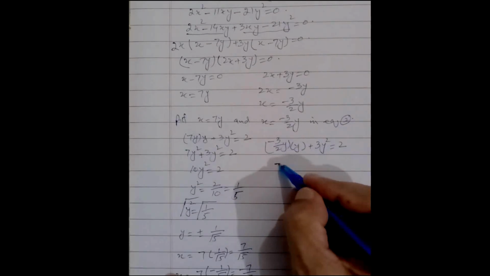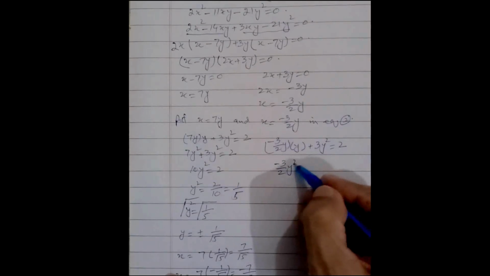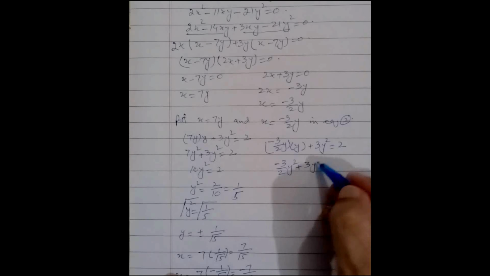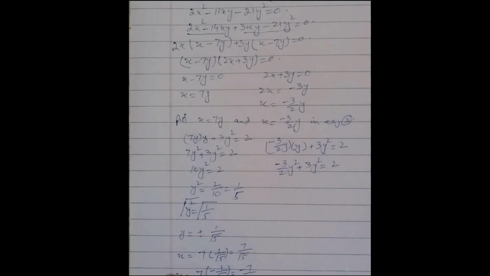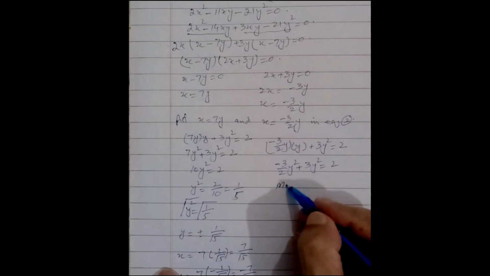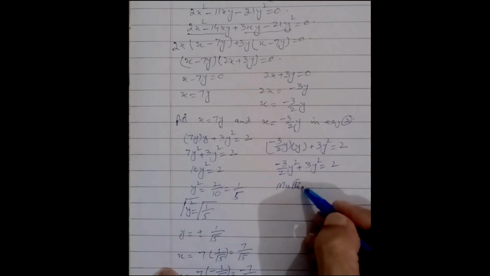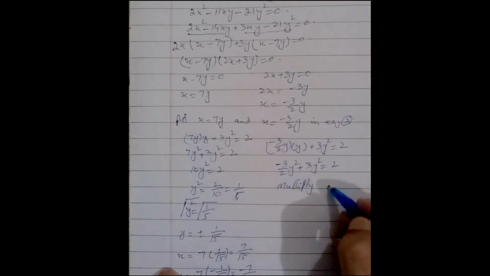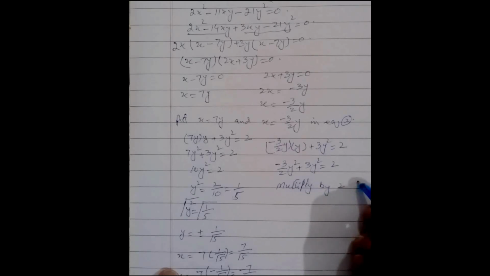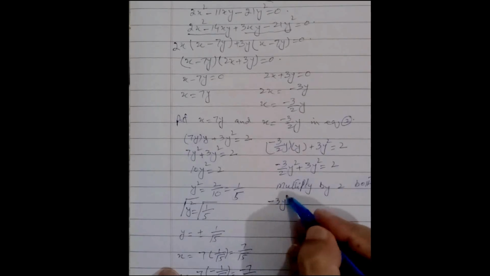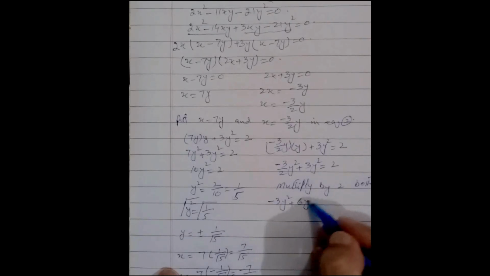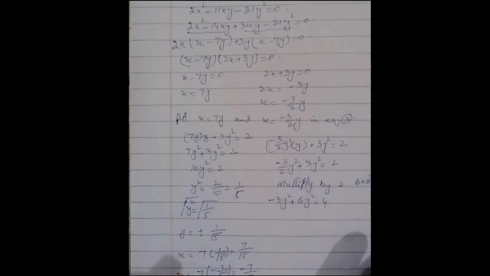Simplify it. We get minus 3 over 2 y square plus 3 y square is equal to 2, and then we multiply both sides by 2. We get minus 3y square plus 6y square is equal to 4.